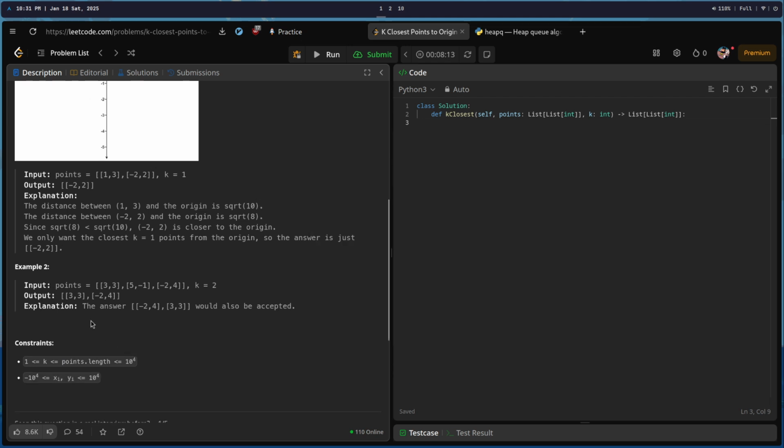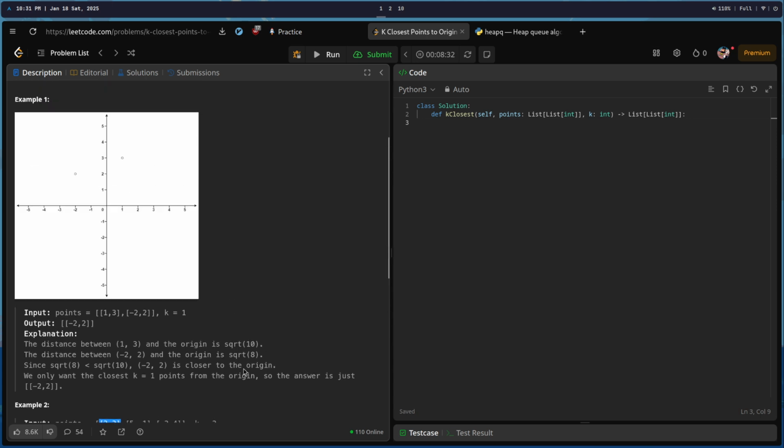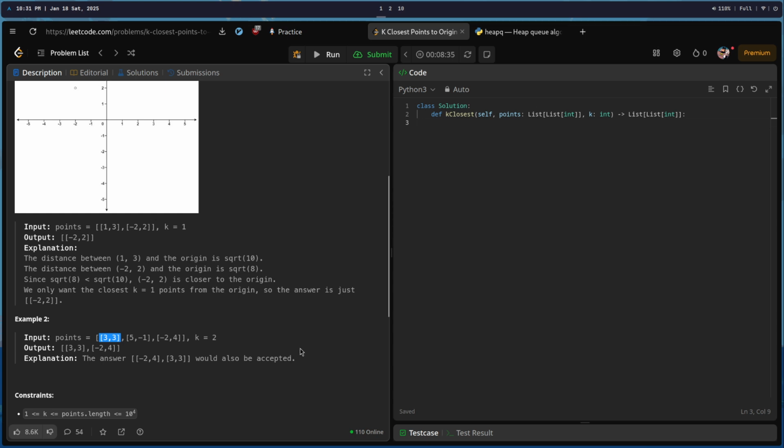I'm confused on why this is 2. Do they have the same distance? If they do, then that actually makes things easier. I can have the distance as the key and the value as a list of points with that distance, and that would be the kth thing, right? I would have a heap and a map, like a dictionary.